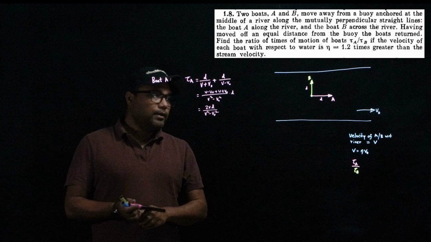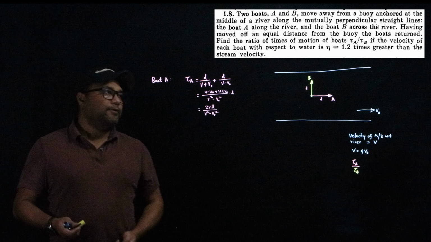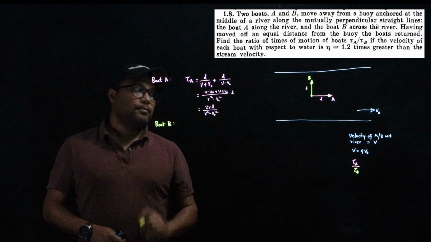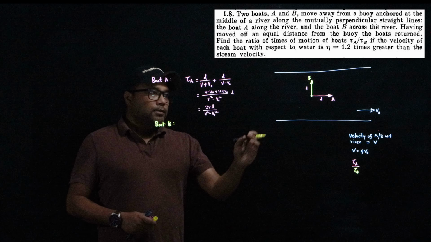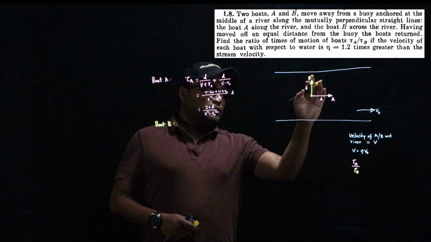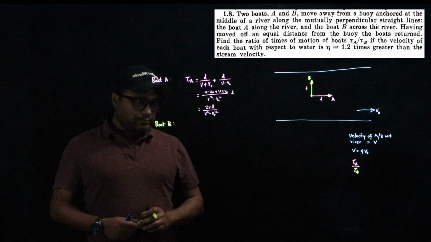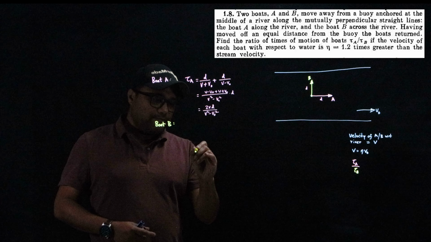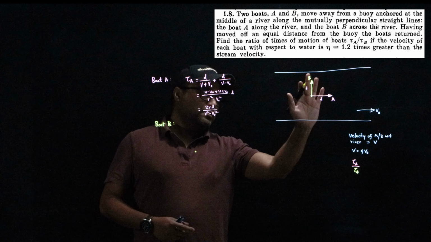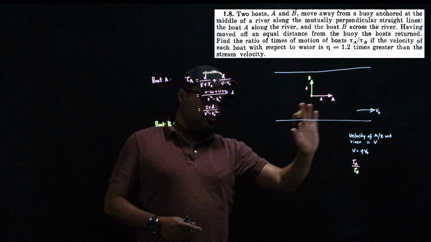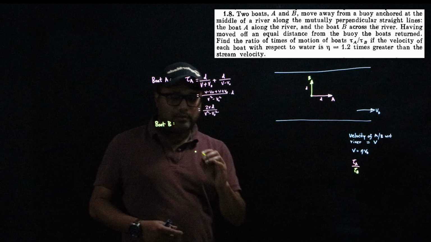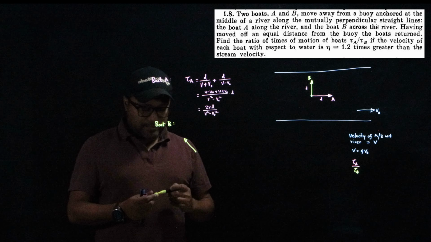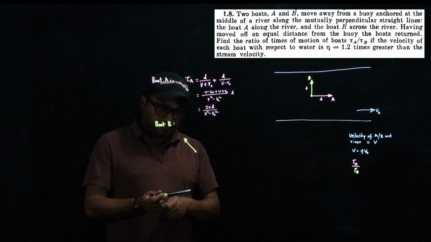Okay. Now let's look at what's happening with boat B. When it goes this way, there is a trick here. For boat B to travel in the direction perpendicular to the flow of the river, its velocity with respect to the river should be at an angle, right?